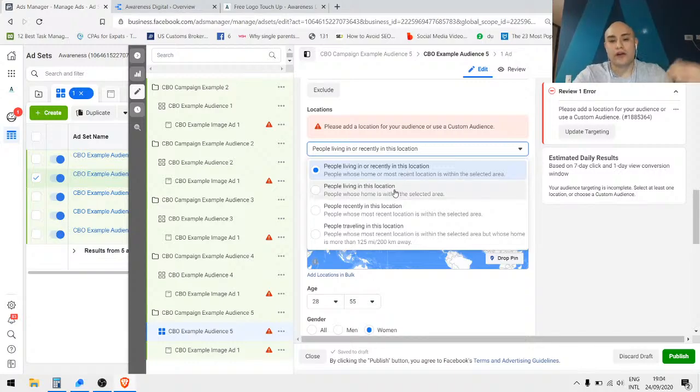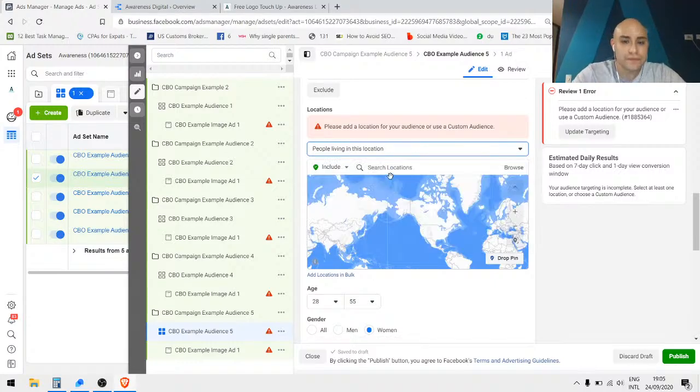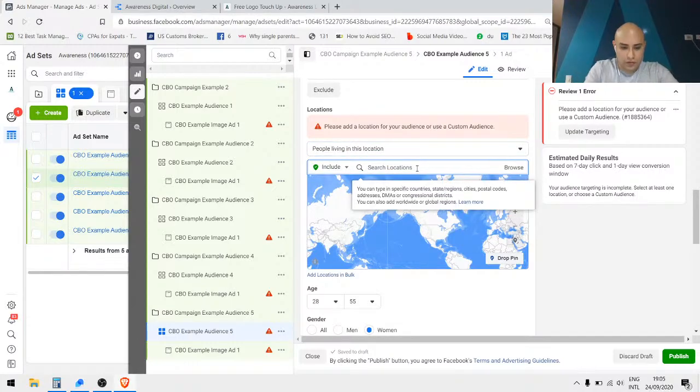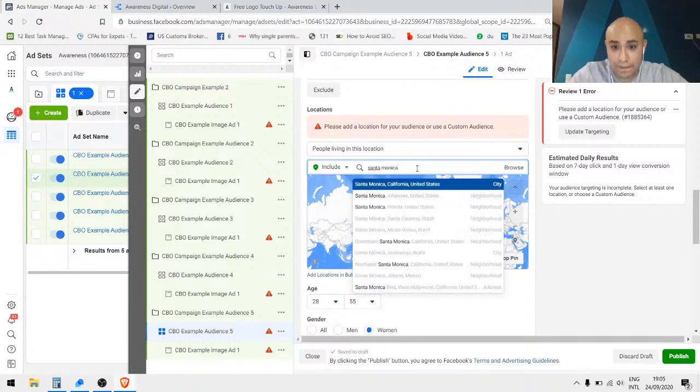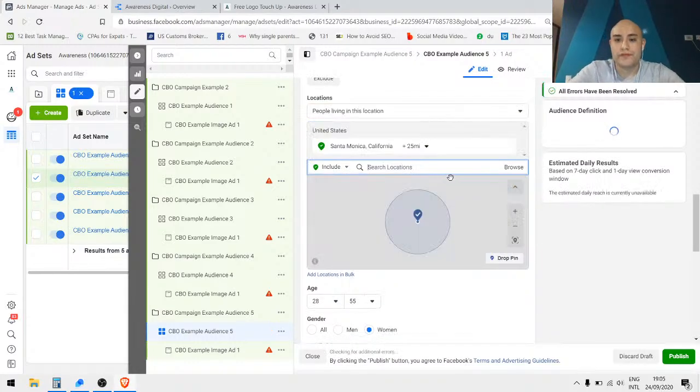We want to target people that are living in that location because we provide a service in Santa Monica or Santa Barbara. And we only want to do business with people that live there. So you're going to choose people living in this location. And you're going to go to Santa Monica, California. There we go. Boom. City.